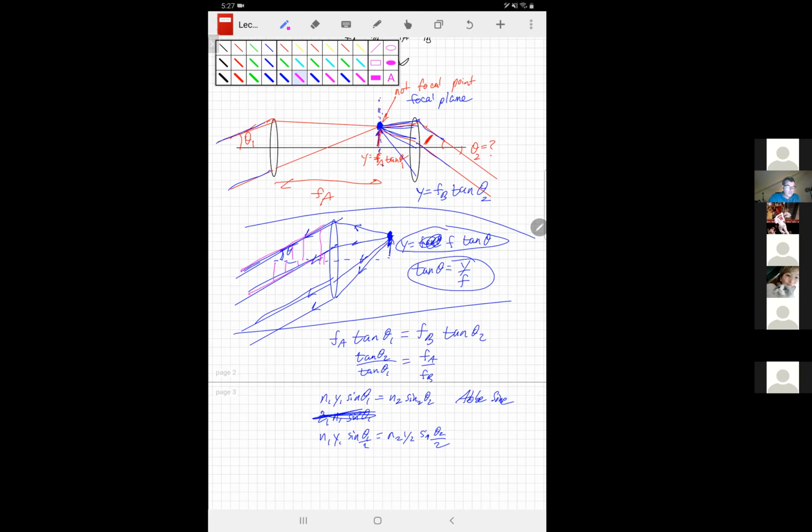All of these rays on the right side are making different thetas. But in the focal plane, they are all the same distance from the axis. Does that clear things up? Yes, thank you very much.